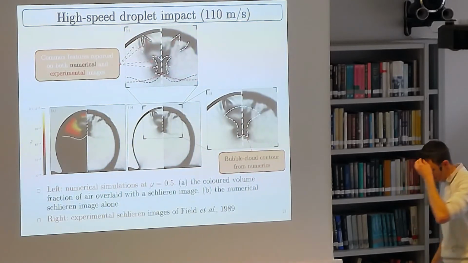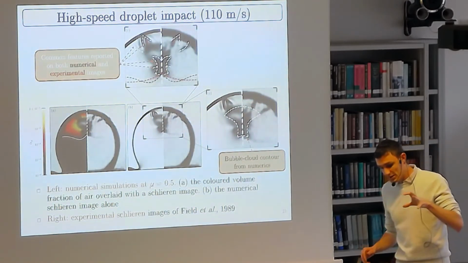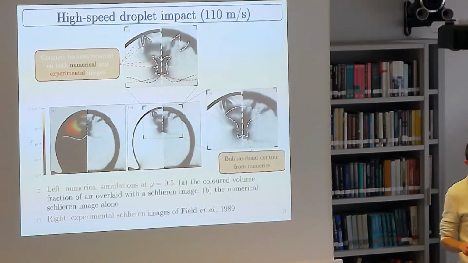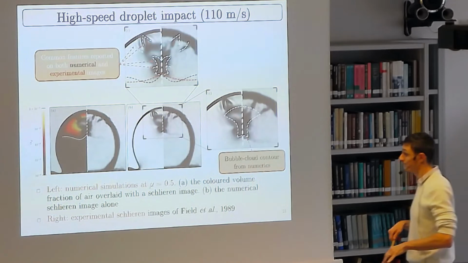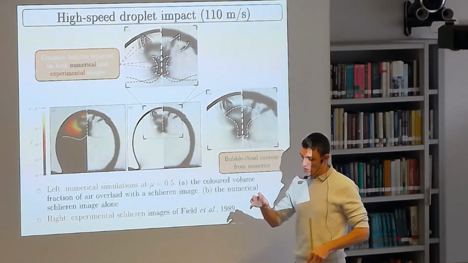So then we were like, okay, so we found a mu, and now what if we take another experimental data that is in the literature, and this time it's not a pure liquid drop, not water anymore. It's a gel actually.